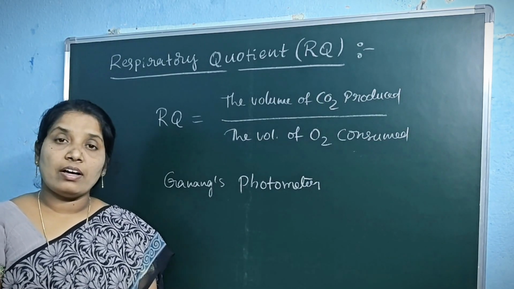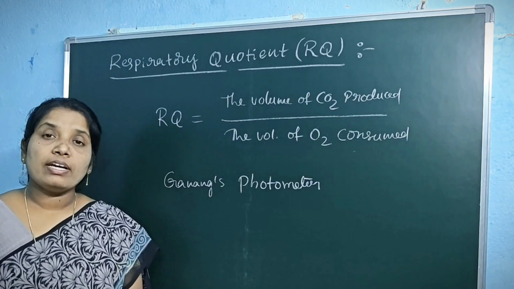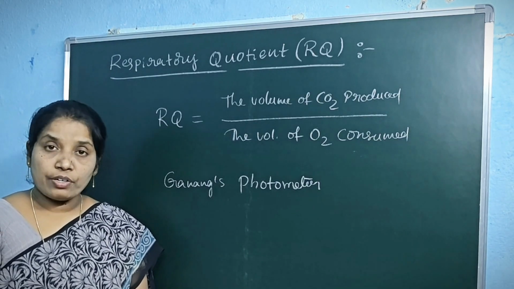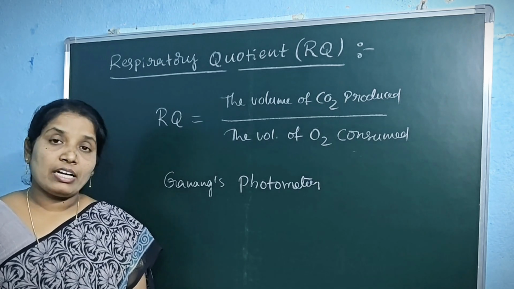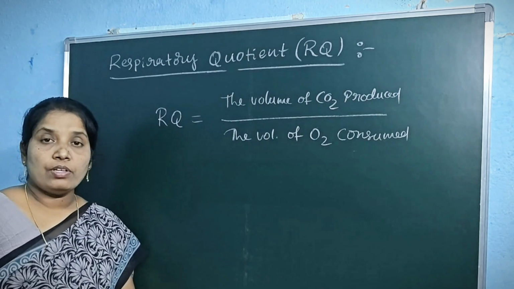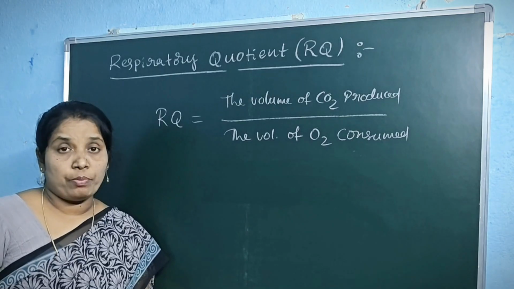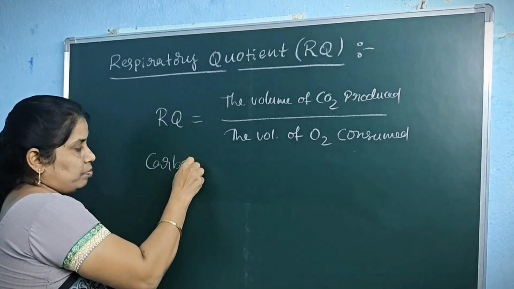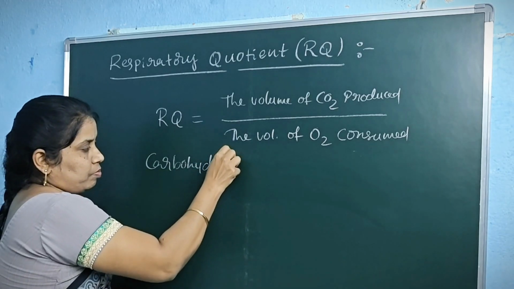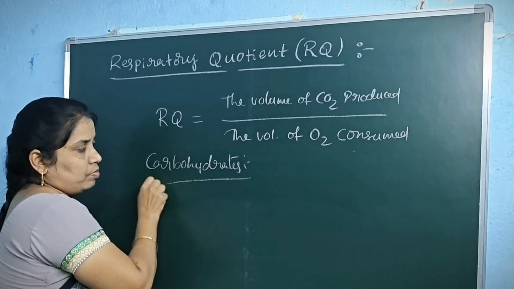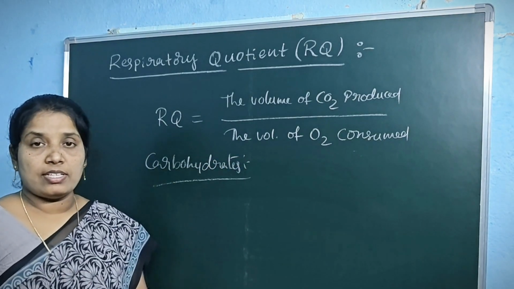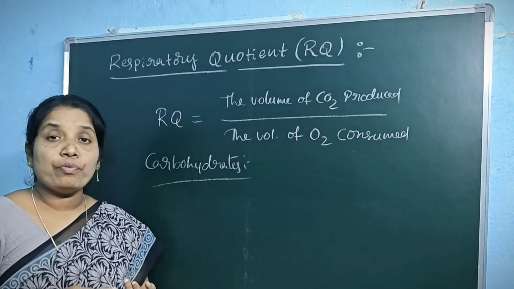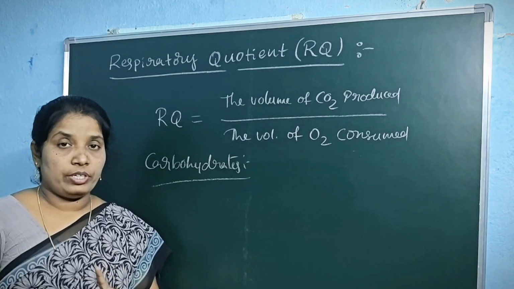So, if you know the RQ value of a tissue, you can guess the respiratory substrate, because RQ value is unique for different substrates. So, let's see the RQ value for carbohydrates. If hexose sugars such as glucose or fructose are oxidized, the RQ value becomes 1, or unity.